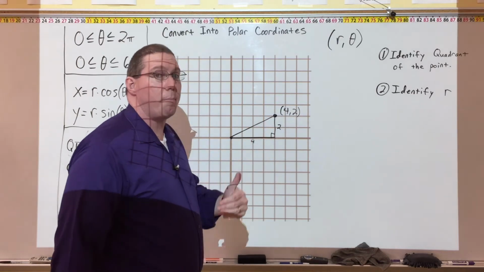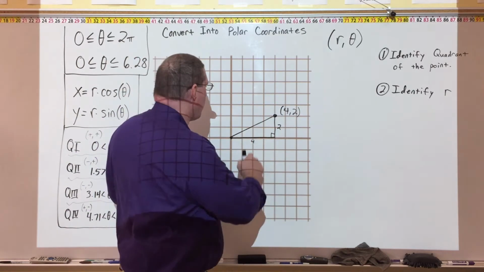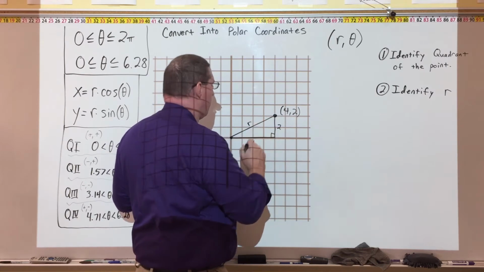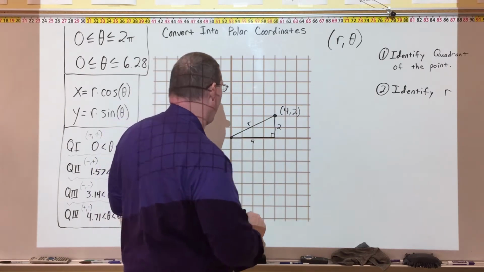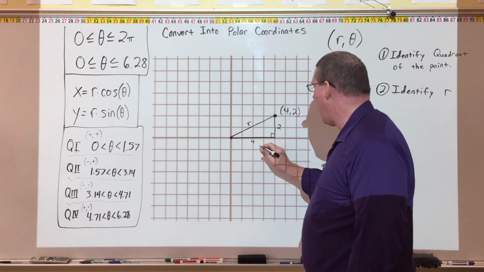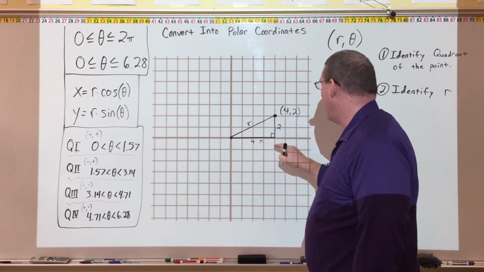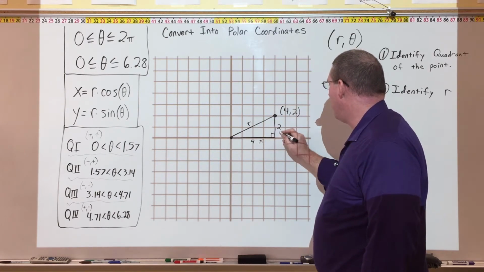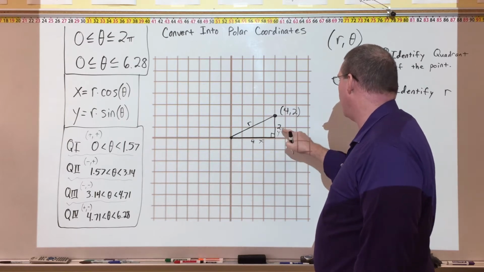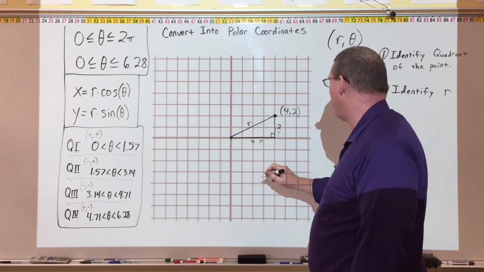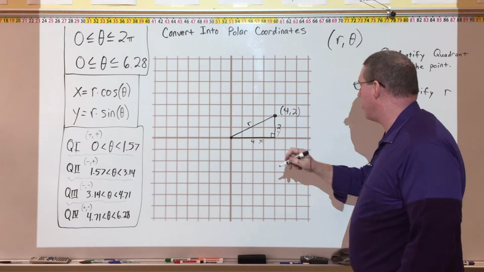And we can now use the Pythagorean Theorem. But instead of calling the hypotenuse C, we're going to call the hypotenuse R, okay? Instead of calling one of the legs A, we're going to call it X. And instead of calling the other leg B, we're going to call it Y. So here, Y is equal to 2, X is equal to 4, and the hypotenuse is equal to R.